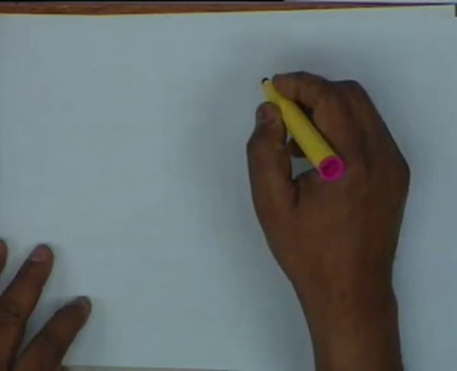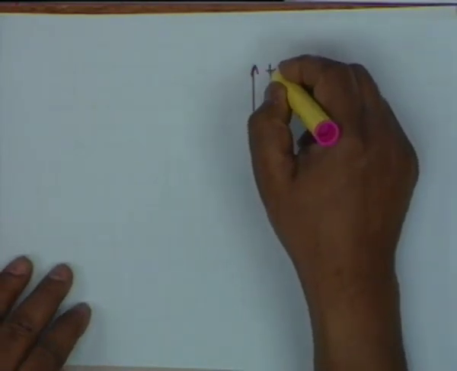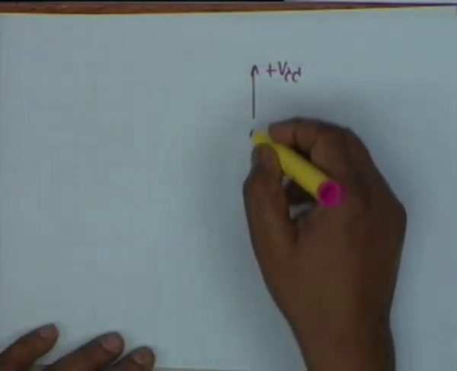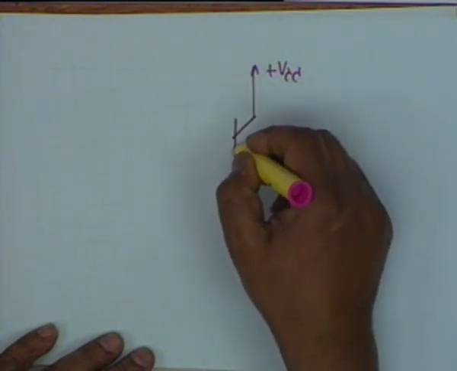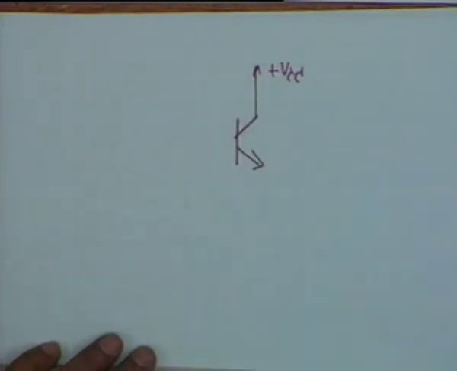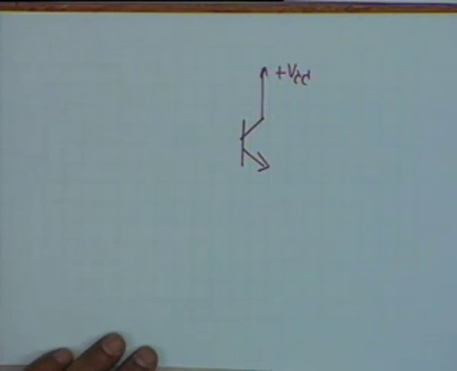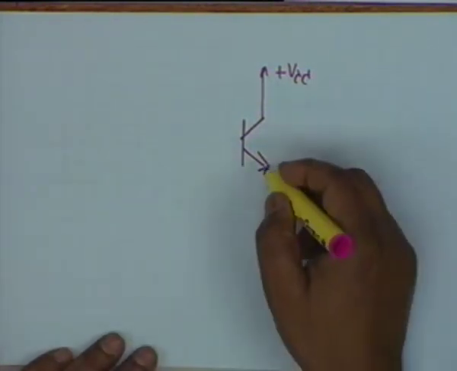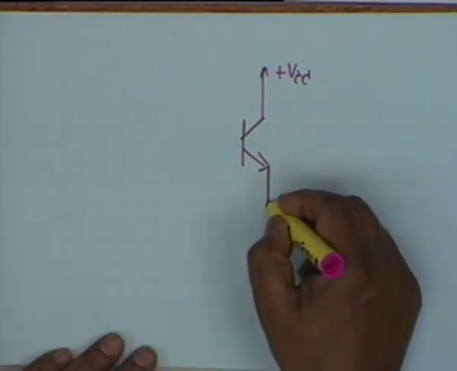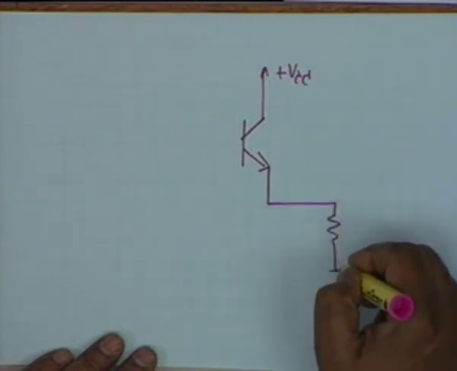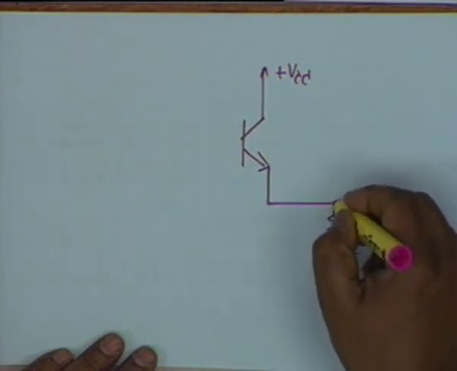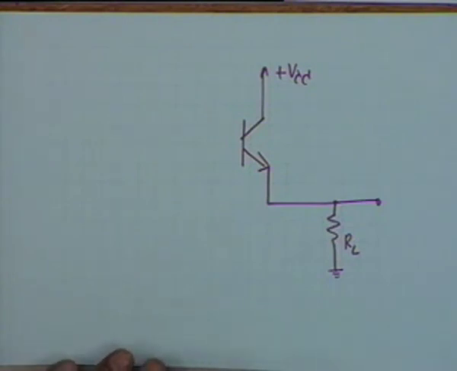We have plus VCC. Let us draw the NPN transistor first. You see there is nothing in the collector because it is to be an emitter follower, and the emitter is then connected to an RL as you saw earlier and the output is taken here.